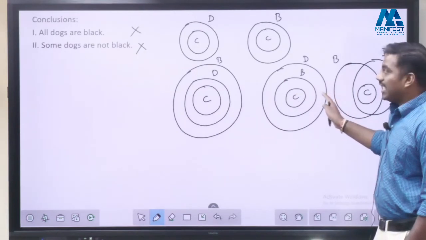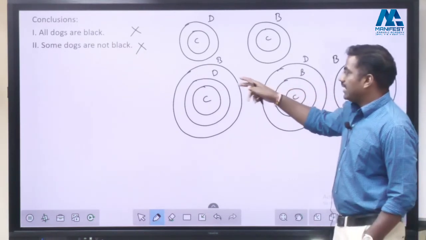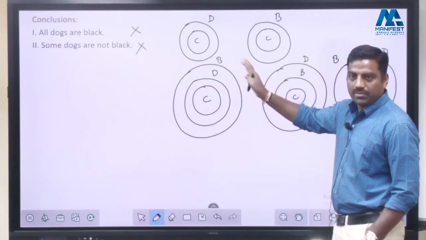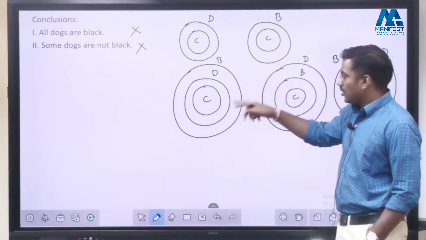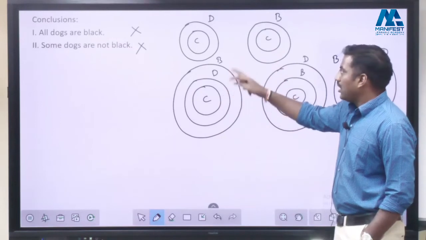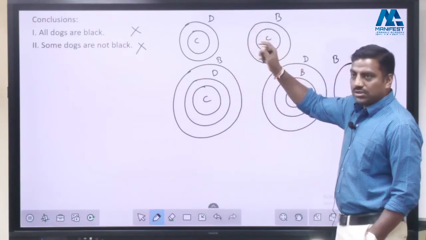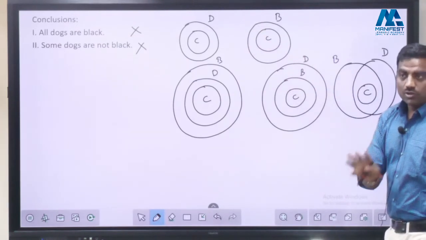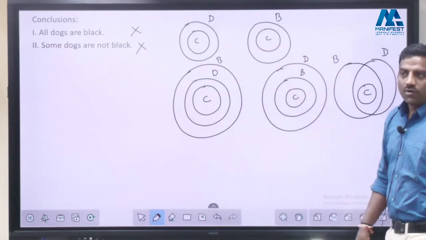And when they say these two circles, don't make them equal also. B is equal to D. Don't make them equal also. Because all cats are black, all cats are dogs. Don't make the circles of dogs and black as equal. That is also wrong. You have to think of all possibilities.